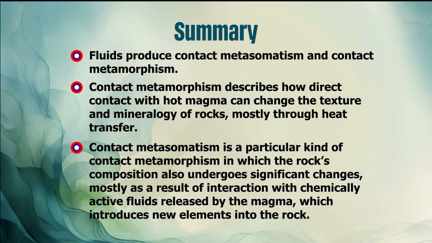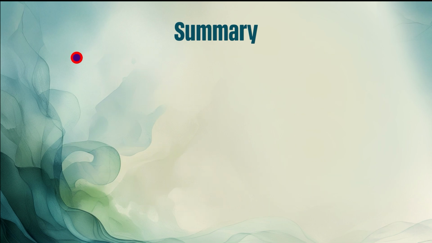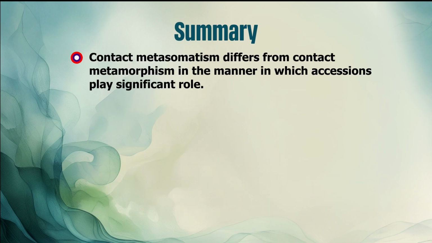Whereas contact metasomatism is a particular kind of contact metamorphism in which the rock's composition also undergoes significant changes, mostly as a result of interaction with chemically active fluids released by magma, which introduces new elements into the rocks. Contact metasomatism differs from contact metamorphism in the manner in which emanations play a significant role.